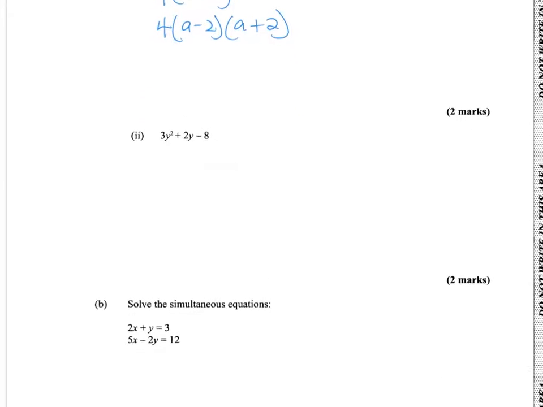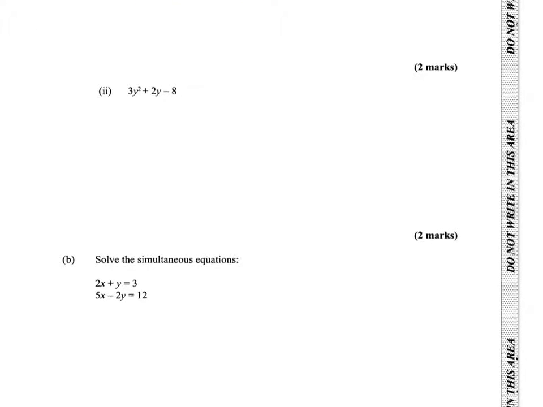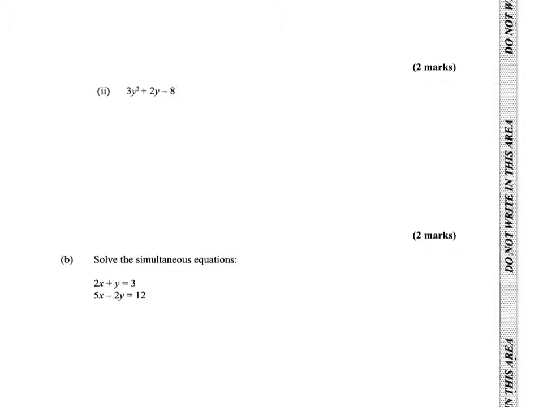For part 2, they're asking us to factorize a quadratic. 3 multiplied by minus 8 gives us minus 24, and we look for two numbers that when we multiply will give us minus 24, and when we add will give us positive 2.